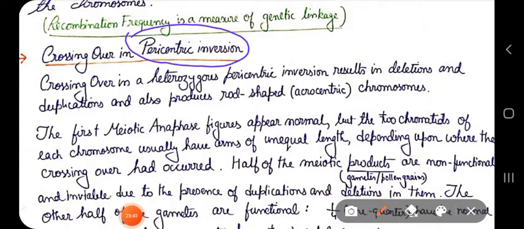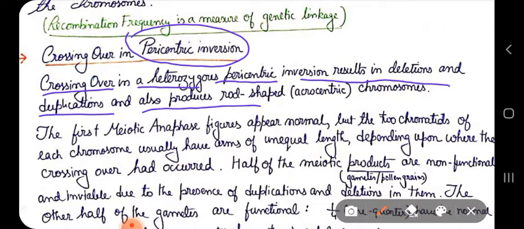Crossing over in heterozygous pericentric inversion, that means the inverted segment includes the centromere, results in deletions and duplications, and also produces rod shaped acrocentric chromosomes.